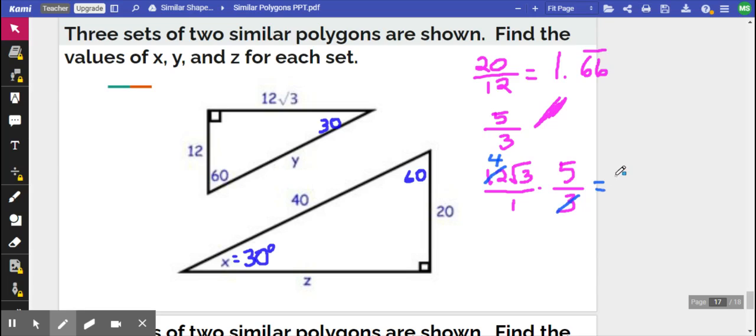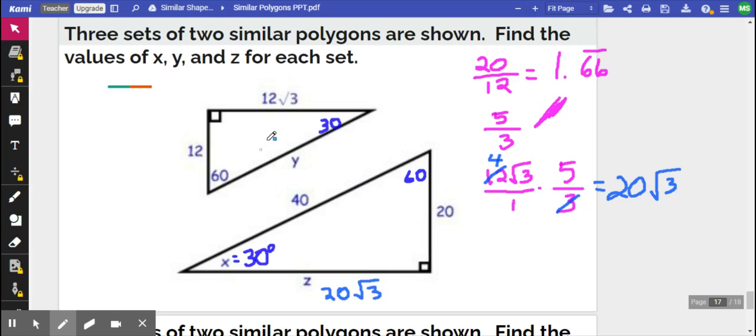And that means my answer is 4 times the 5, which would give me 20 times the square root of 3. And that is what we would label our z value down here, 20 root 3.